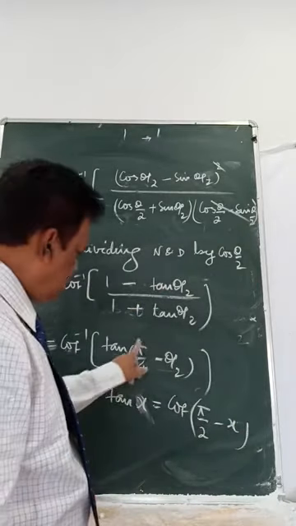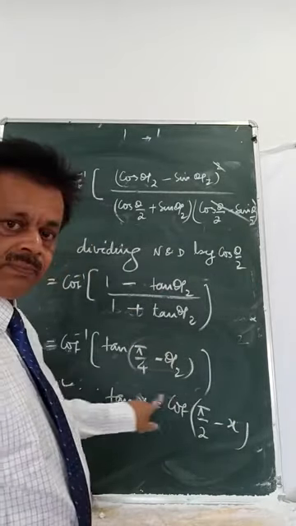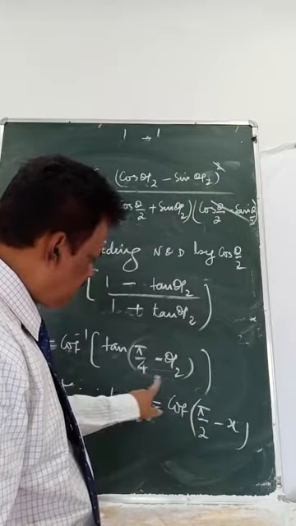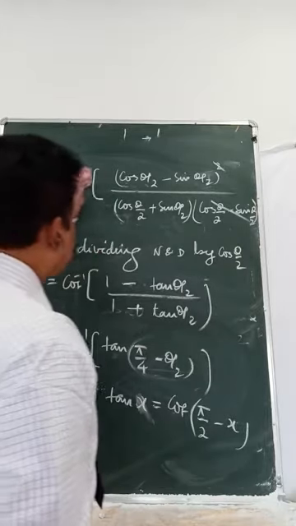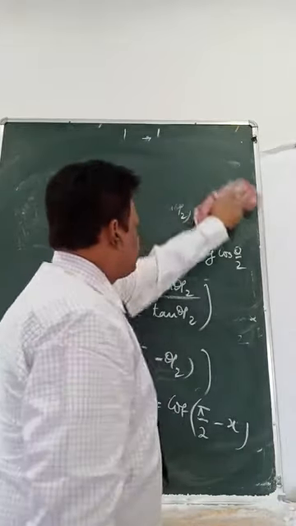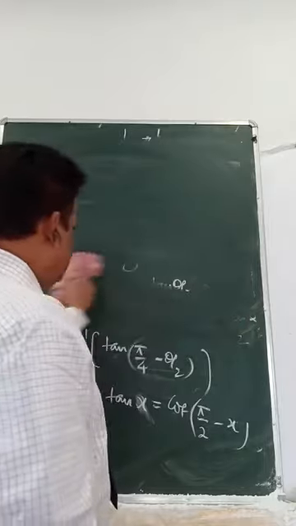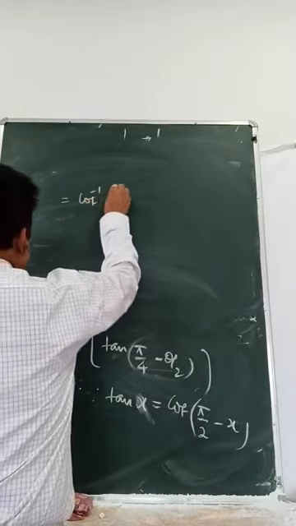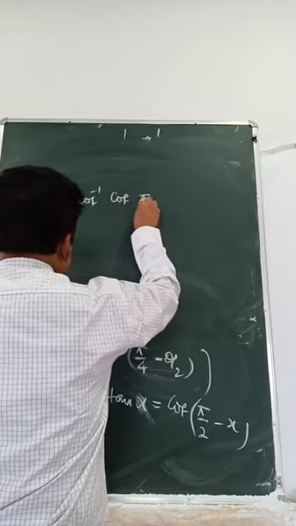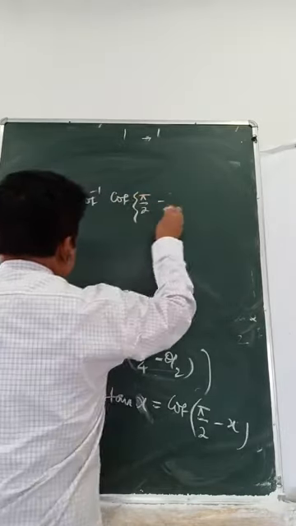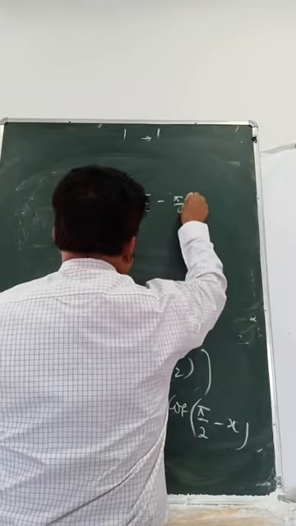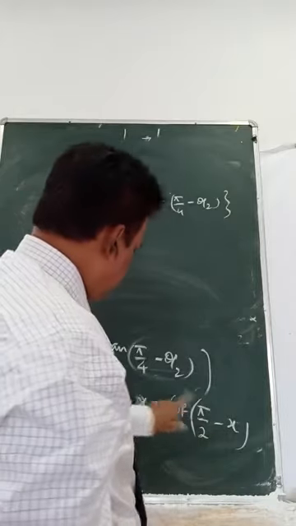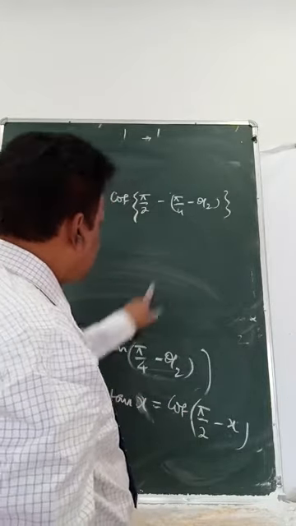That means what is x? x is this one. So cot of (90, pi by 2, minus this). So what will be your answer? Not cot inverse, cot of (90 minus (pi by 4 minus theta by 2)), because 90 minus x, in place of x you have pi by 4 minus theta by 2.